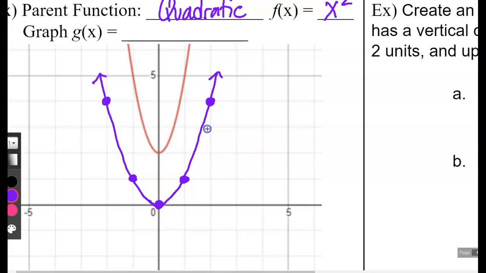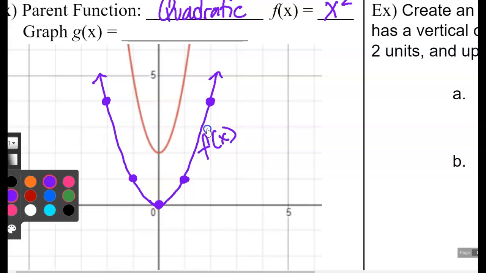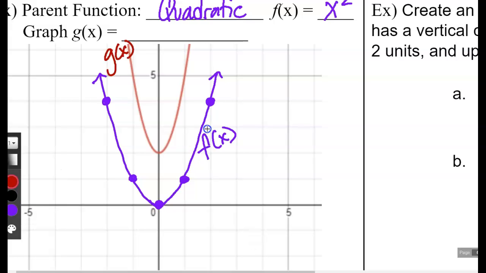And what did we say having a skinnier graph means? A is more than 1. If it's a stretch, if it's skinnier, A is bigger than 1. So this purple line I drew is my original, and the red line is my g of x.